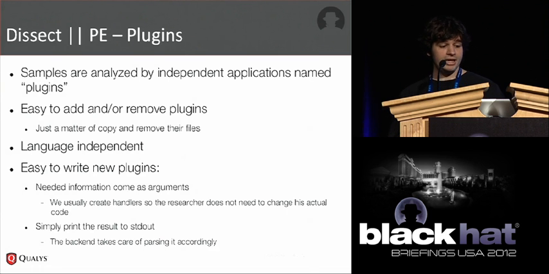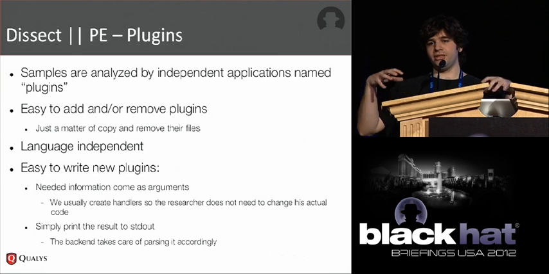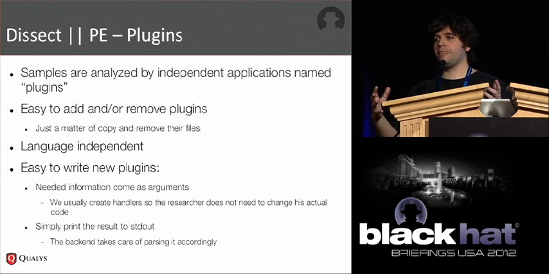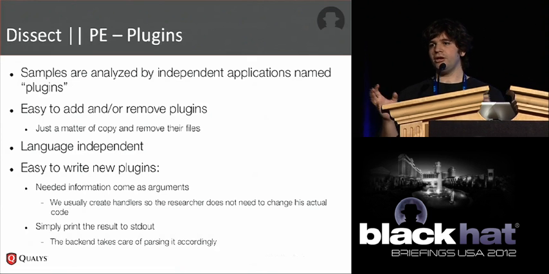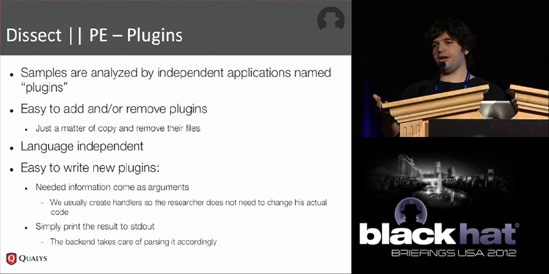Additionally, it's very easy to write plugins, as I will show in the next slide. And they are language independent. We currently support some languages, but if a researcher wrote a plugin in another language, just talk to us, and we can implement the architecture for certain algorithms to work in our backend.